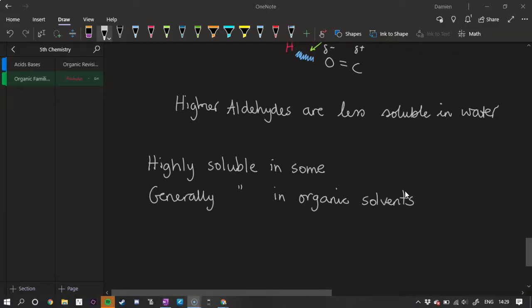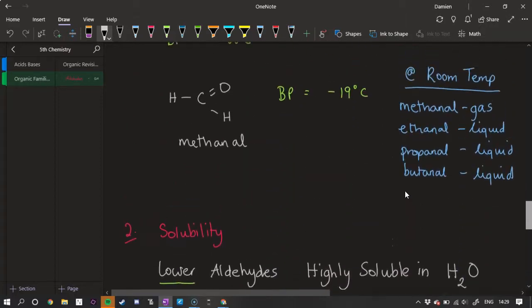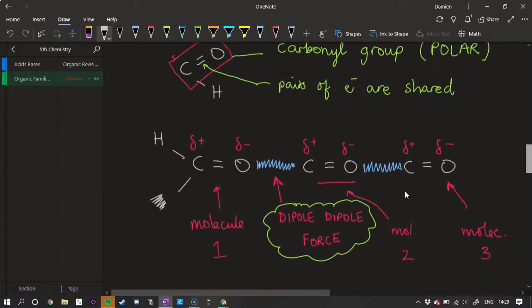And the organic solvent that we often talk about is methylbenzene. Okay, so that revises over the aldehyde family.